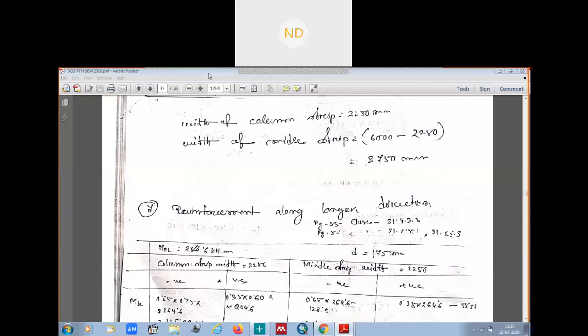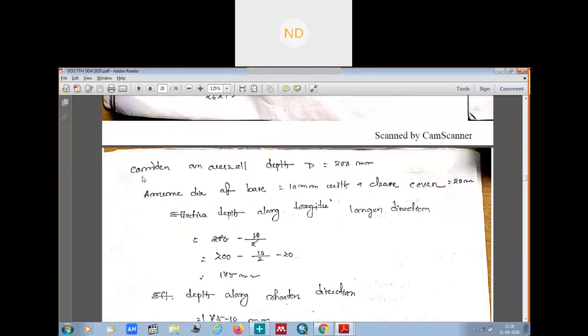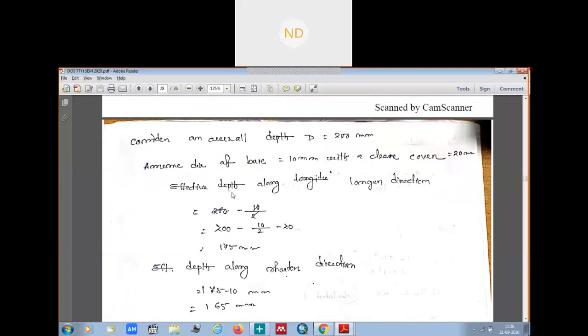We had calculated the overall depth, and then we assumed the diameter of bar 10 mm with a clear cover of 20 mm.